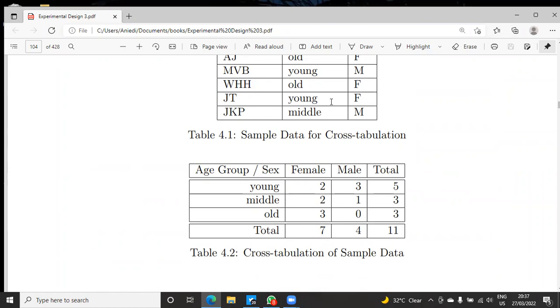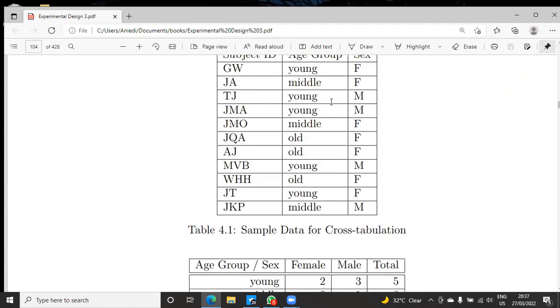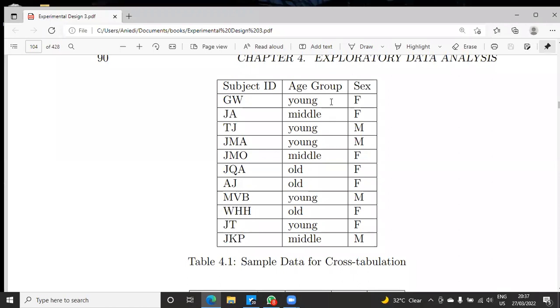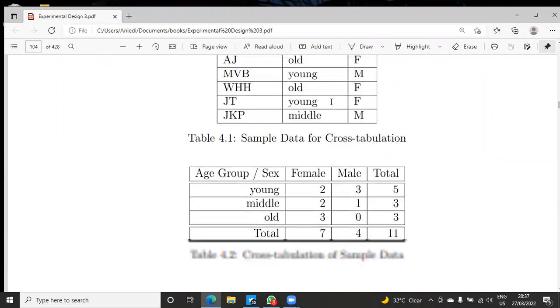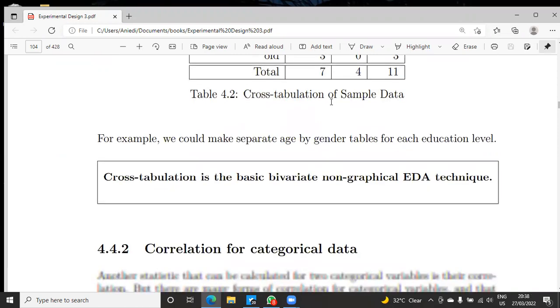So it all depends on how the person wants to present it. The first one, the person split it into different populations, as much as 1, 2, 3, 4, 5, 6, 7, 8, 9, 10, 11. In this other case, he represented it in 2 populations.